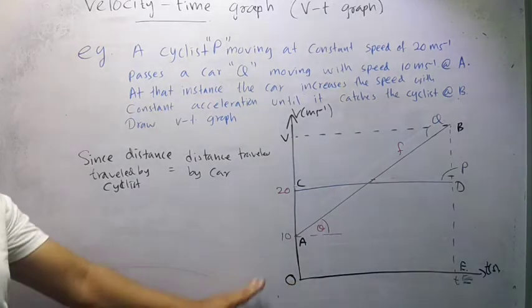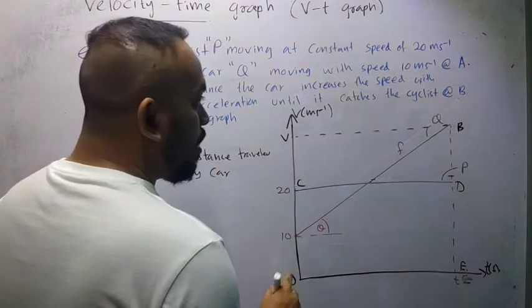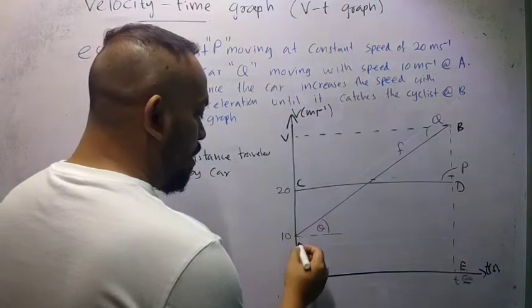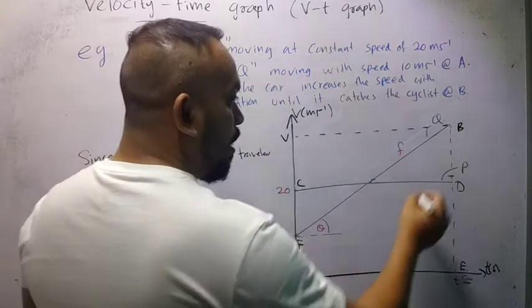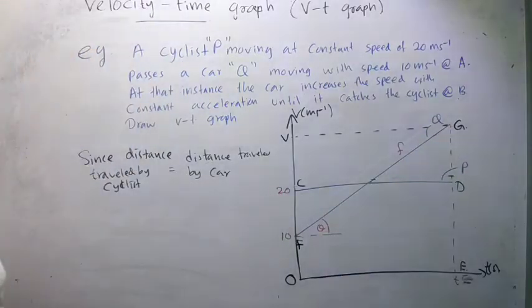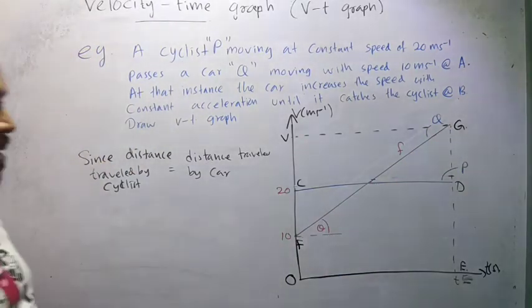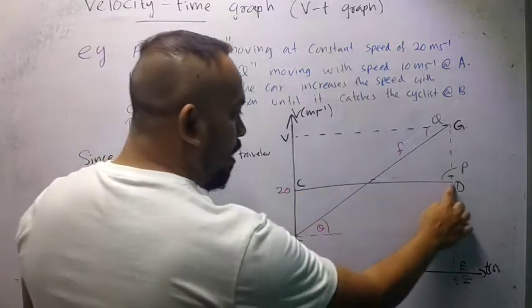Again, we start from point A. Here I will take the points as P, A, B, C, D, E, F and G, because A and B have already been used. The distance travelled by the cyclist is the area under this curve.